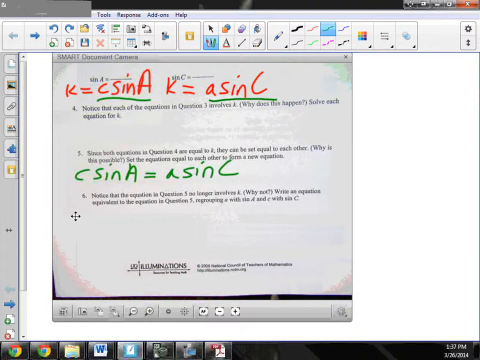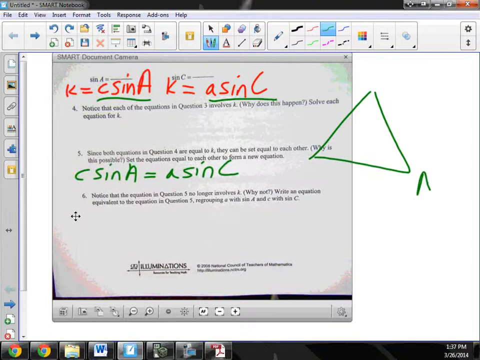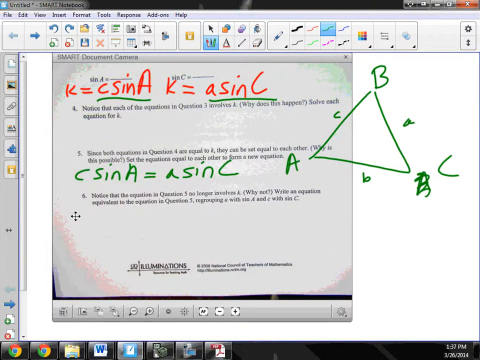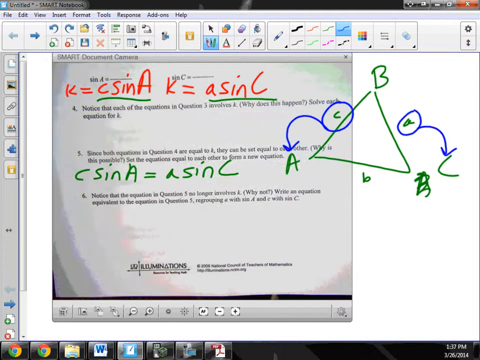So if I were to draw that original triangle again, so this is C and this is A, that's B, so little c, little b, and little a. What this is saying is, if we take little c and multiply it by the sine of A, that's exactly the same thing as taking little a and multiplying it by the sine of C. Right?